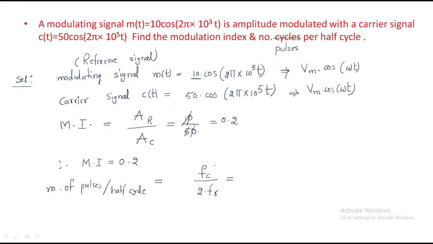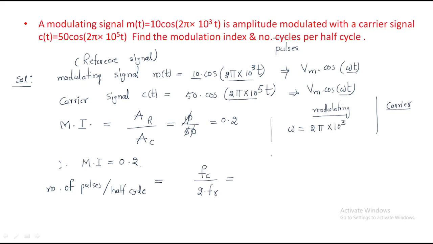Here Fc means the carrier wave frequency, but what is f? Compare with omega. For the modulating signal, omega equals 2 pi into 10 power 3.